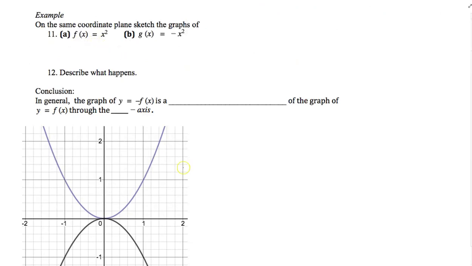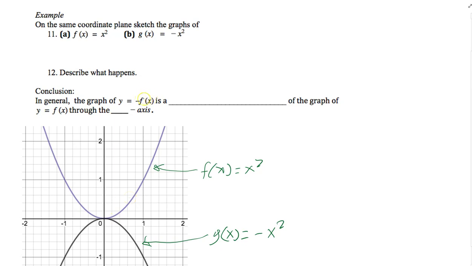Look at the graph of f of x equals x squared, here in purple, and the graph of g of x equals negative x squared. Notice that g of x is a downward-opening parabola, while f of x was an upward-opening parabola, where they meet at the point 0, 0, where the minimum of f of x was 0 and the maximum of g of x was 0. It looks like it's flipped over the x-axis, and that is true.